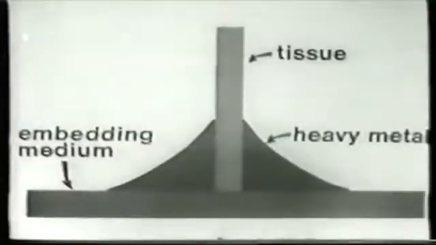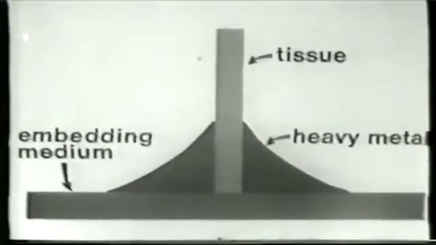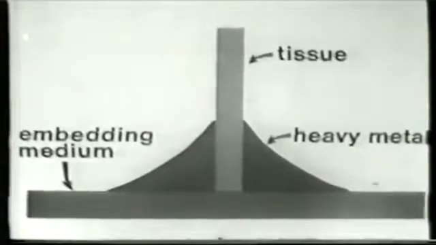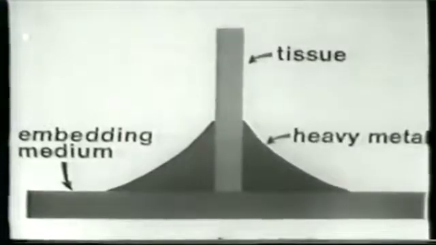Although freezing is used for fixation, heavy metals are also used for seeing the tissue. When a tissue is prepared for the electron microscope, it contains some embedding medium, some heavy metal, and possibly some tissue. Each of these three components is grossly different with respect to its coefficient of expansion, heat conductivity, affinity for metal, electron density, stability, vapor pressure, and compressibility.